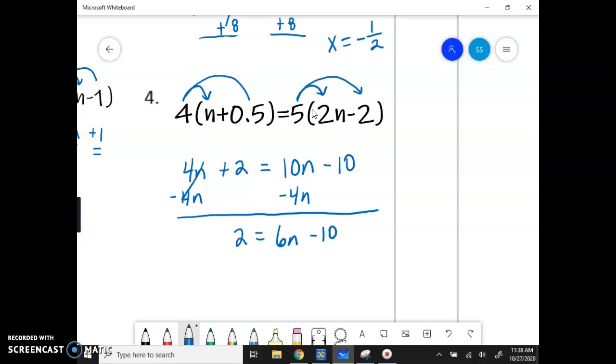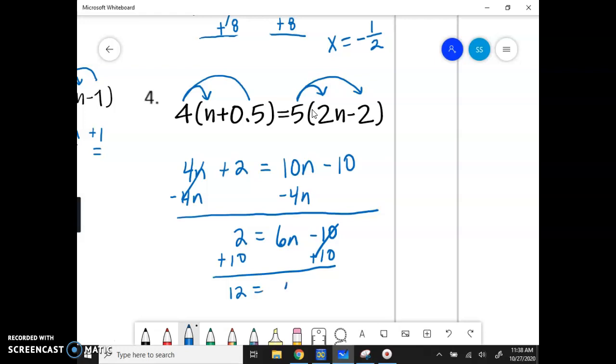Alright, so now I've got the variable just on the right side, so I want to get the constants on the left. So I need to get rid of this negative 10. I can do so by adding 10. That's the inverse operation. Do it to one side, got to do it to the other side. Eliminates on the right side. 2 plus 10 is 12.